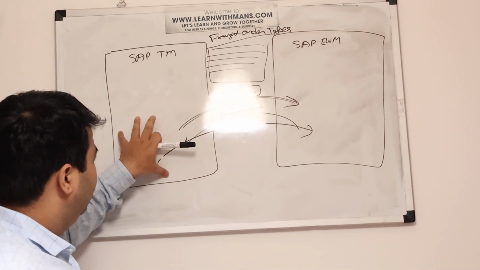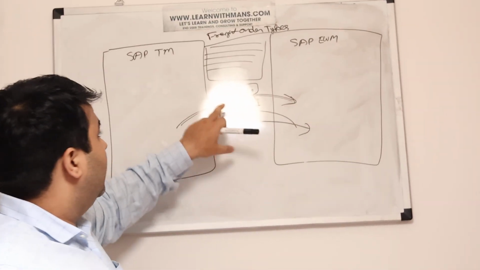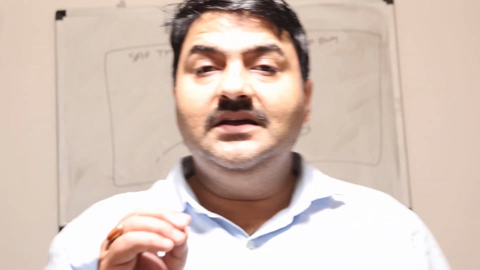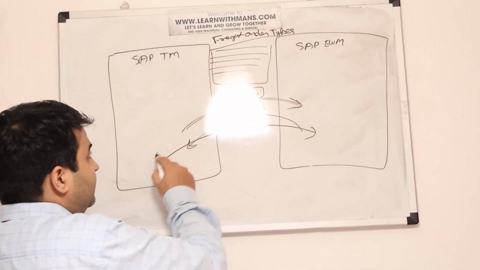Everything is carried from here, and it brings the instructions. So the XML file works as an IDOC or similar to a loader. It loads the information and travels. That's why the instructions will reach from here to here.